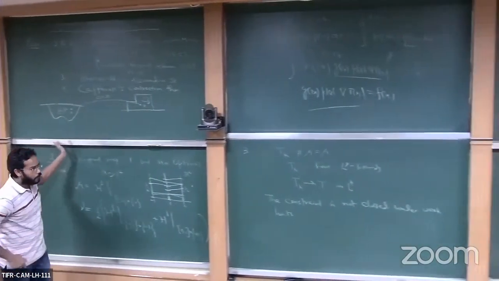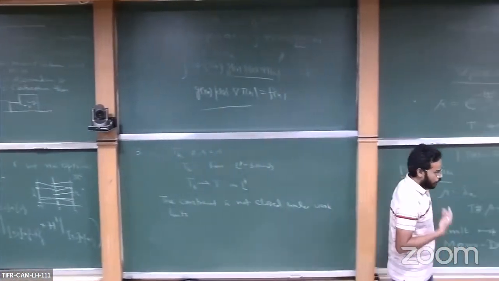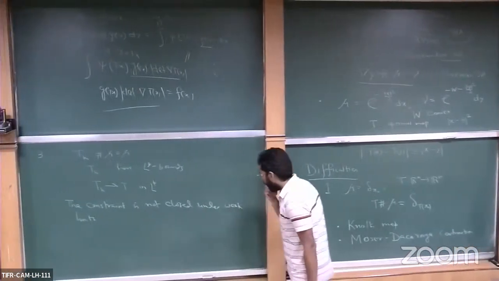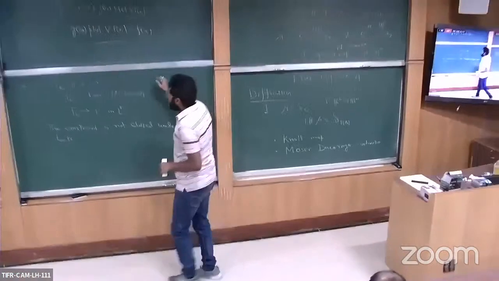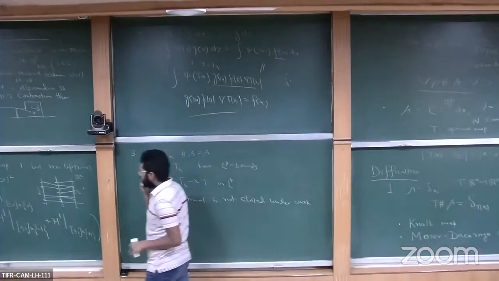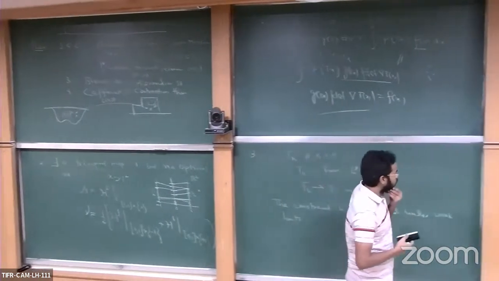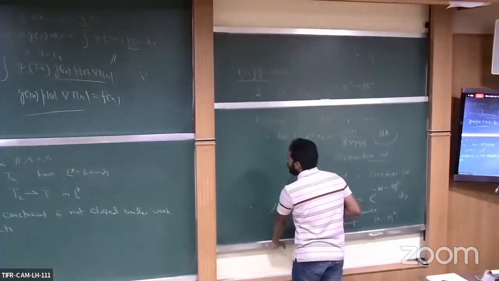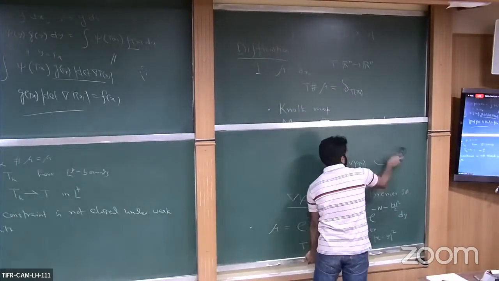You take a minimizing sequence and try to prove the convergence, but it doesn't work in this case. You cannot even prove that the constraint is satisfied by the limit. So these are the main three difficulties, and it was quite unreachable for some time. The first major breakthrough in this direction came around the 1940s.